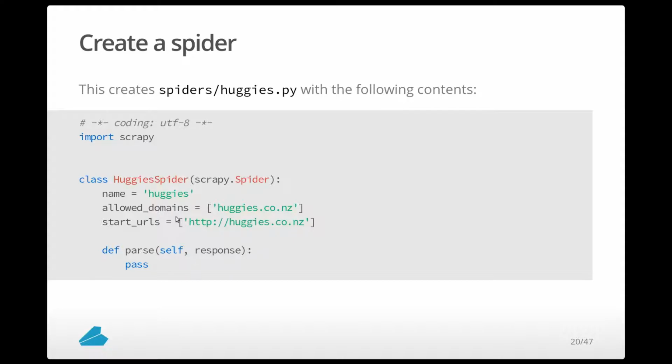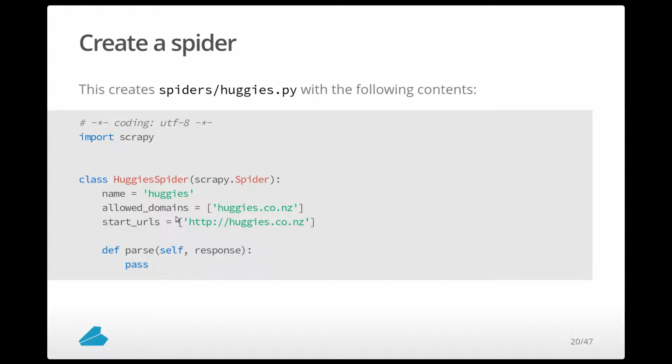So you get your class Huggies spider. It has a name. This is another cool thing. It has a list of allowed domains. So this is so that your web scraper doesn't wind up in the open internet and start crawling like mad, which if you were traversing a website and then grabbing links and then just following them, is something that can easily happen.